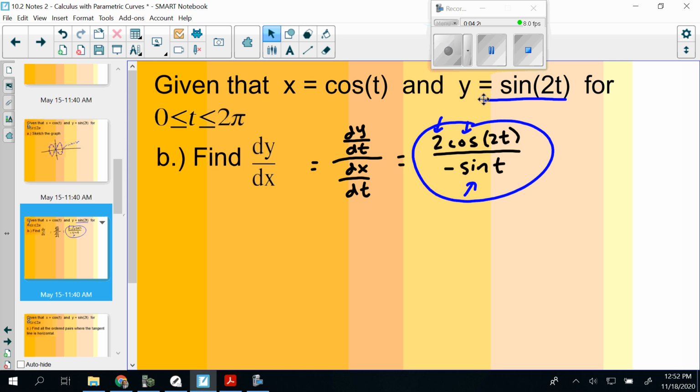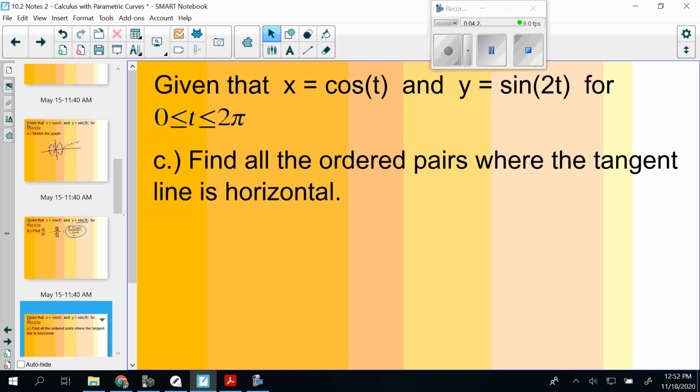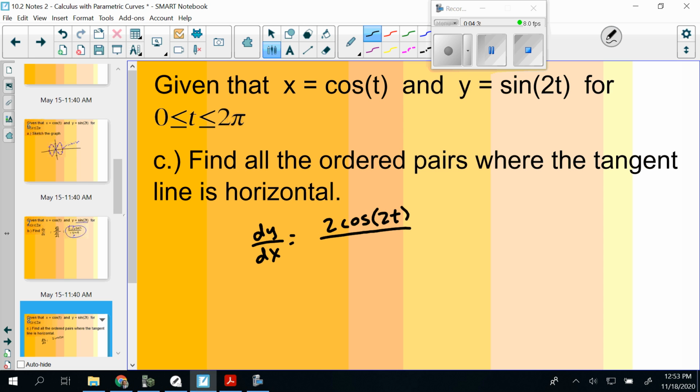All right. Next part. Find all the ordered pairs where the tangent line is horizontal. So we want to take that derivative we just had. The dy/dx came out to be 2 cosine 2t all over negative sine t. If you want to find out where it is horizontal, again, remember that's where the numerator equals 0.